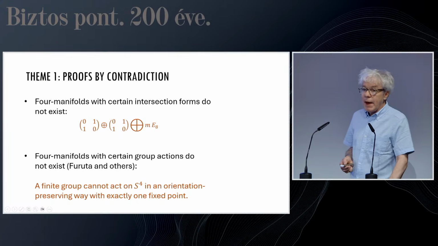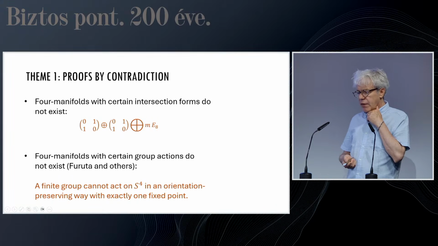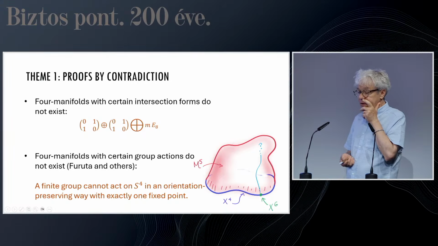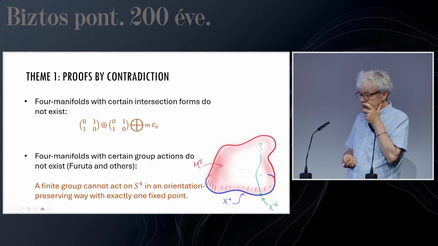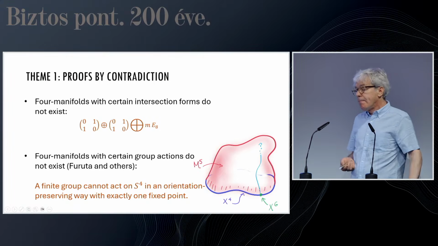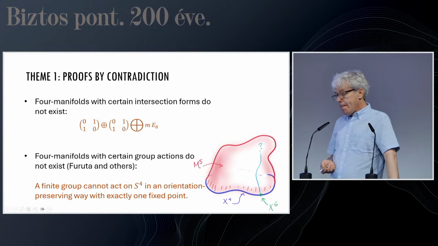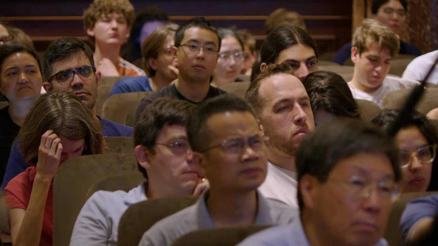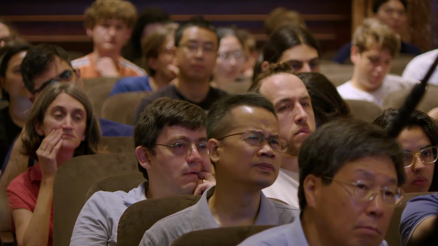Four-manifolds with group actions were briefly studied. It turns out that I think a lot of these results could be proved without gauge theory. But if I have a group action, say a finite group action on a four-manifold X, can it have just one fixed point? Well, an idea to work with is, if it did, then perhaps there's this moduli space on which the group acts, and one fixed point on the boundary, and maybe a one-dimensional fixed point set in the interior.